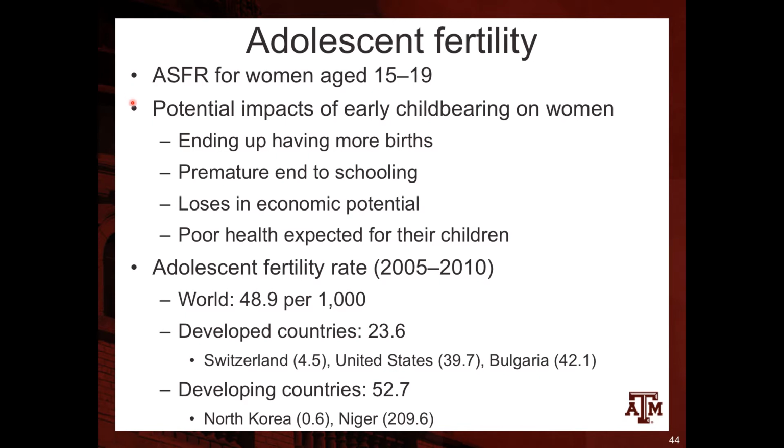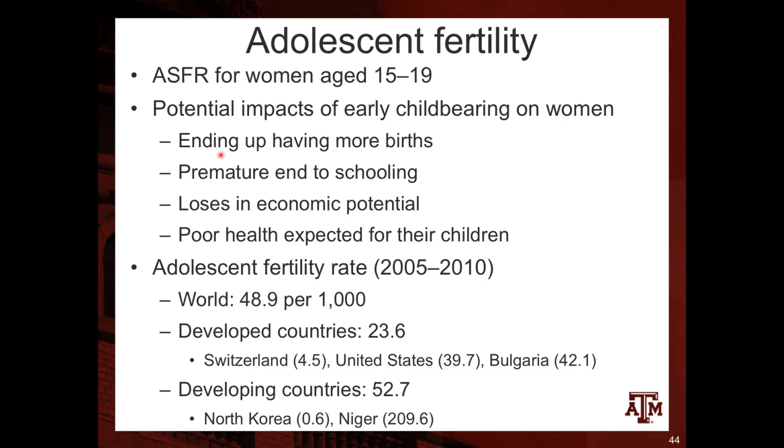So we want to understand the potential impacts of early childbearing on women, and usually women who have children at such young ages tend to have overall more births throughout their childbearing years. So they usually tend to have higher parity, more children than other women if they start having children at younger ages. And they also tend to end school earlier, so they tend to even drop out from high school and don't go into college education.